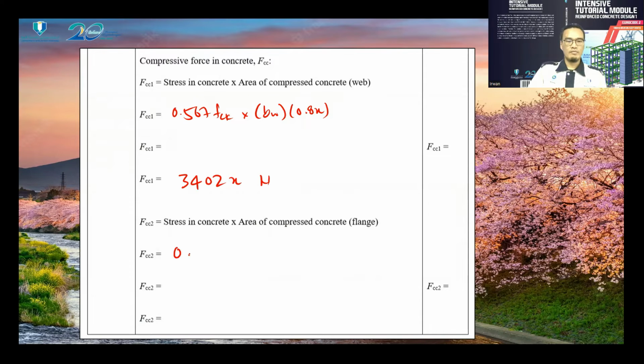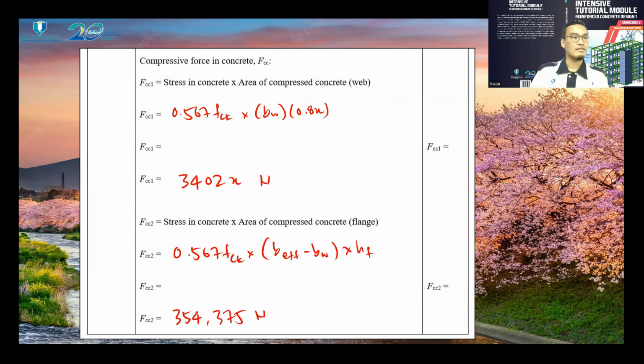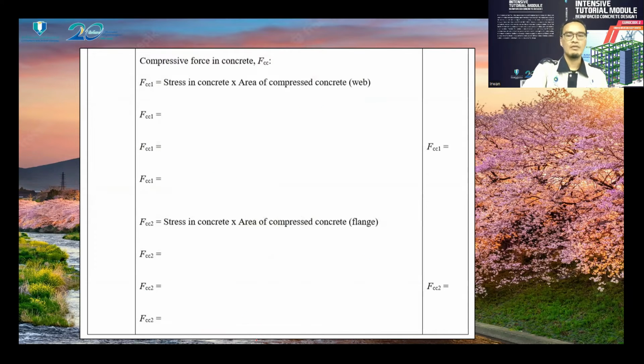The formula is 0.567 fck multiplied by width of flange minus width of web, multiplied by the hf. So what is the answer here? 354,375 Newton. Good.